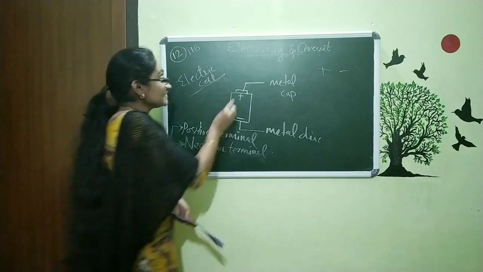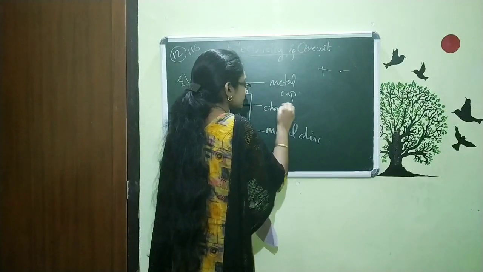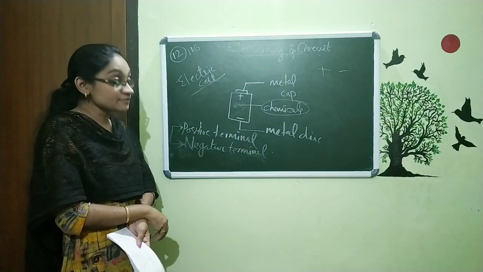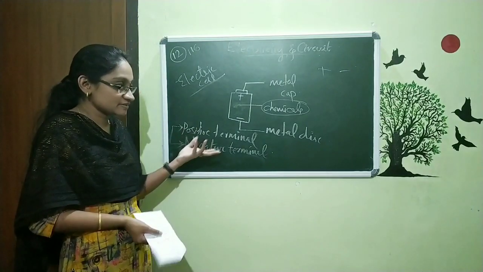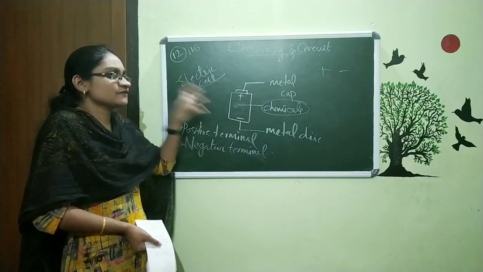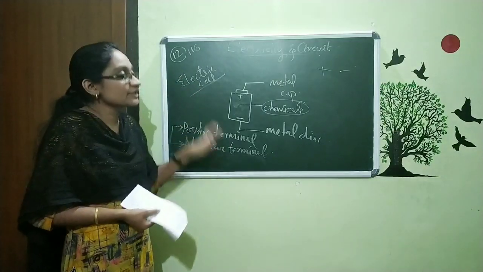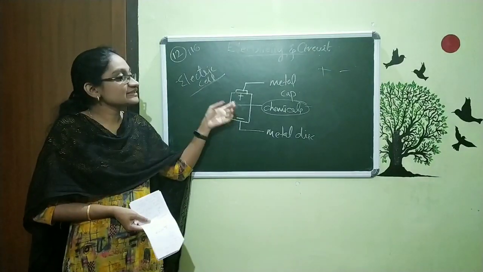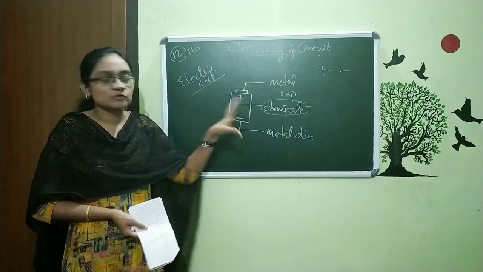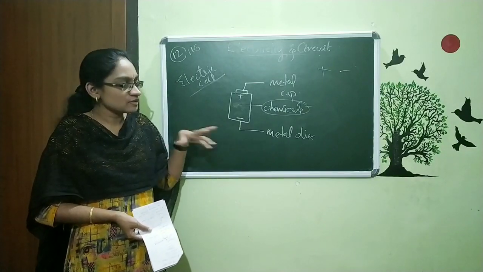And here, how is the electricity produced using this cell? Inside this cell it's filled with some sort of chemicals, and because of those chemicals, what happens? They produce electricity. Through chemical reactions with those chemicals, they produce electricity. And what happens when these chemicals are used up, when they are completed?